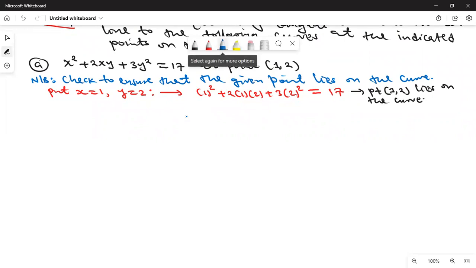So step 1, find dy/dx. So let's work it out. That means I'm going to use implicit differentiation.